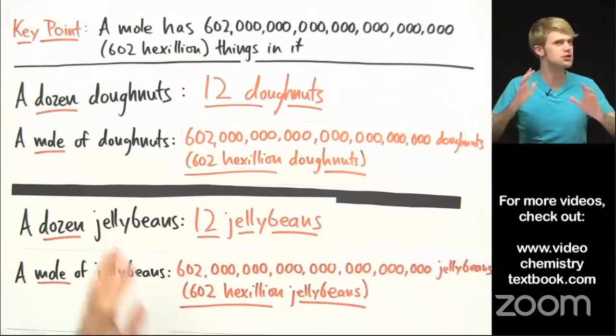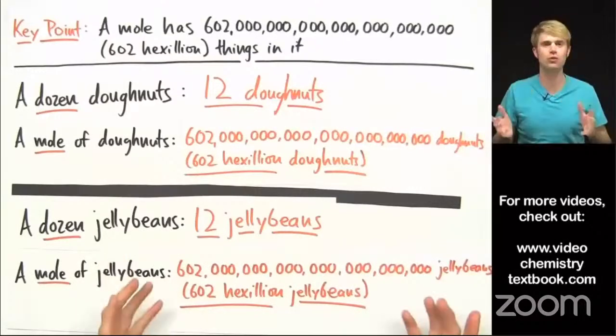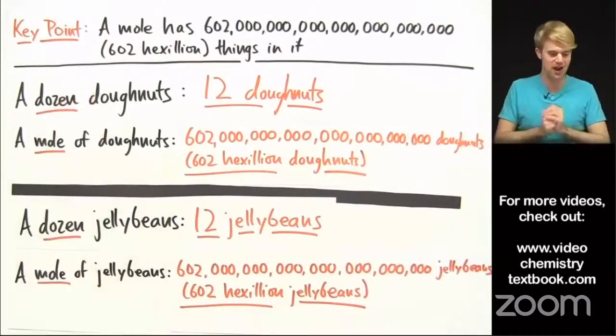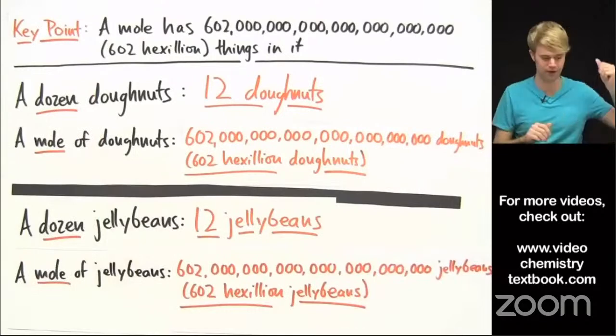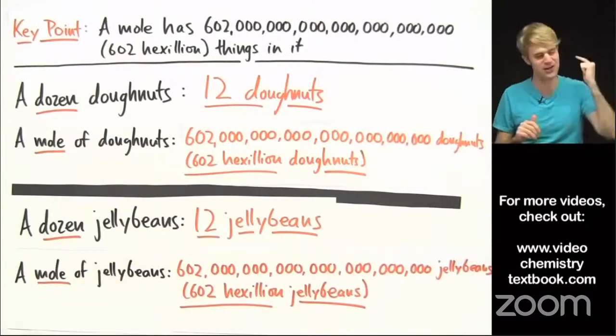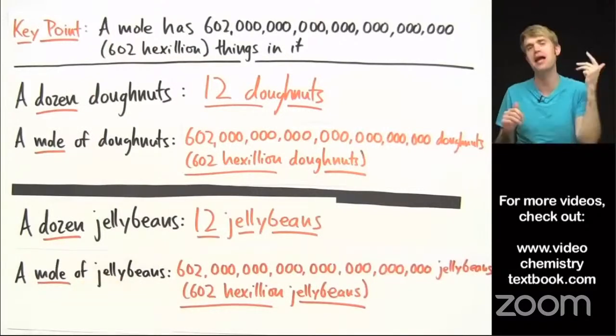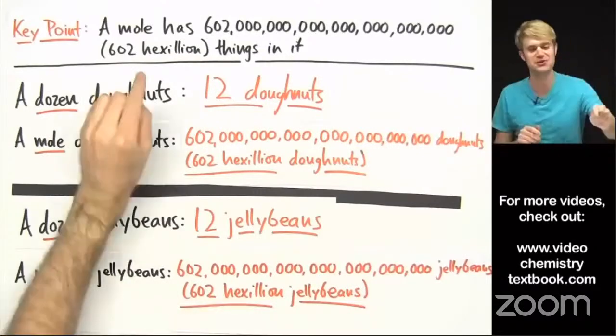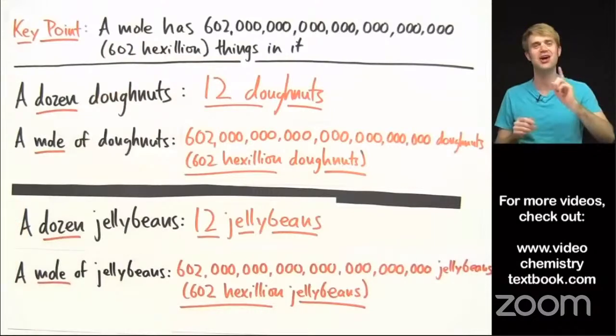So sometimes people get freaked out about moles, but just remember they're a lot like a dozen. You can have a mole of donuts, jelly beans, cars, paper clips, bouncy balls. Just as long as it is 602 hexillion things, you've got a mole.